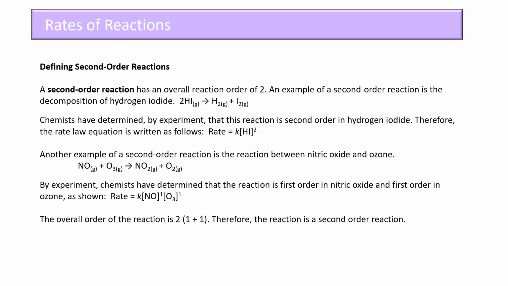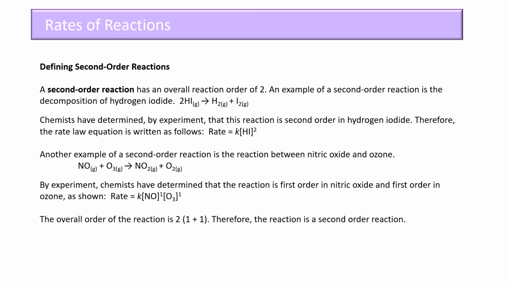For second order. An example of a second order reaction is the reaction between nitric oxide and ozone, shown in this equation. By experiment, chemists have determined that the reaction is first order in nitric oxide and first order in ozone, as shown by the rate equation.